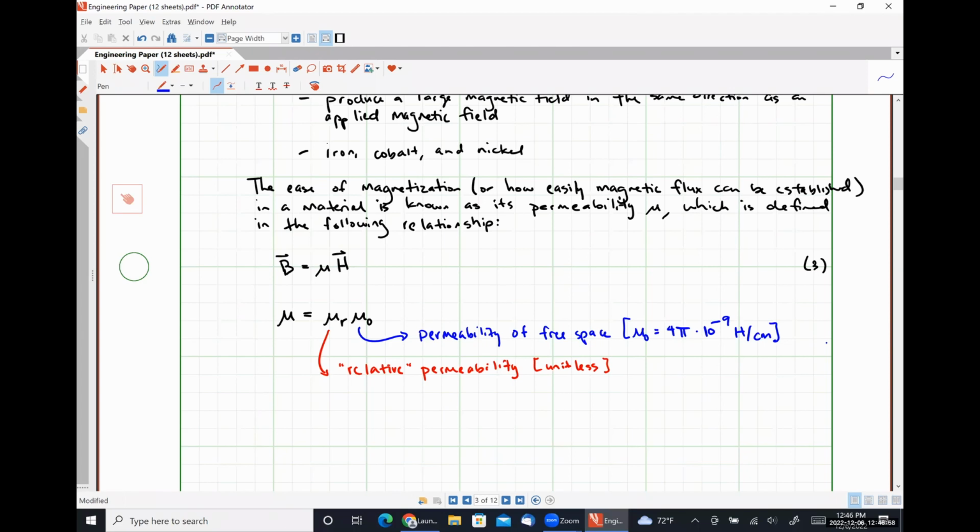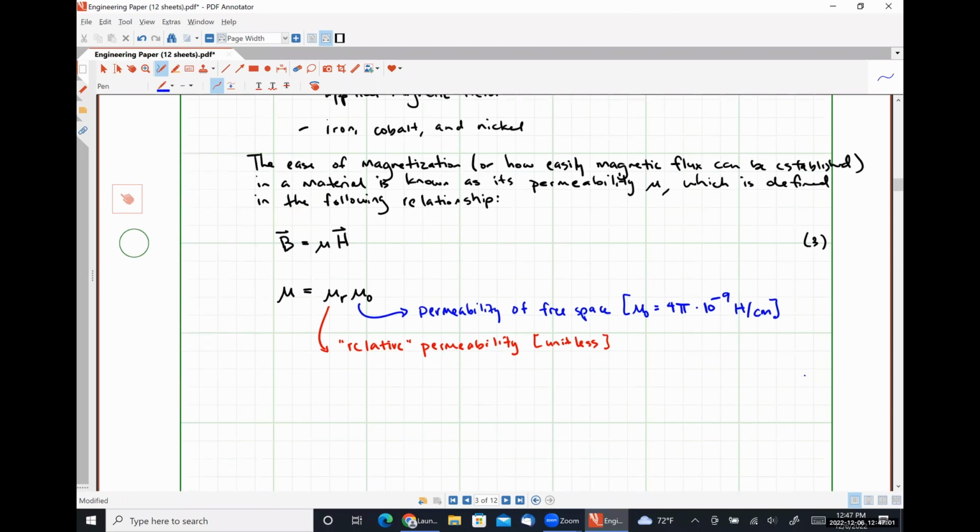So generally, for mu r less than 1, we have diamagnetic materials. For mu r equal to 1, we have a vacuum. In truth, air is very, very close to this, like 1.001 times mu naught or something like that. So anytime we're in just regular air, we'll treat it like it's a vacuum.